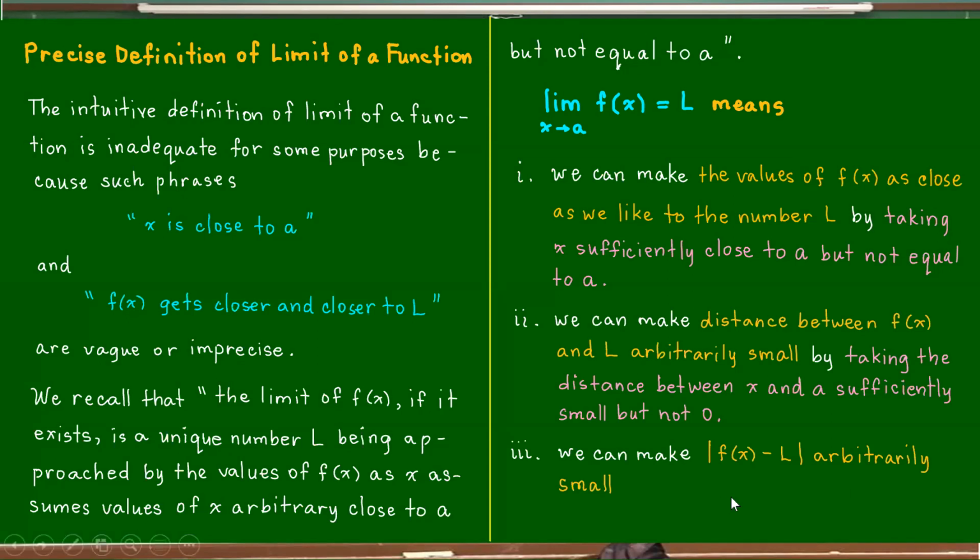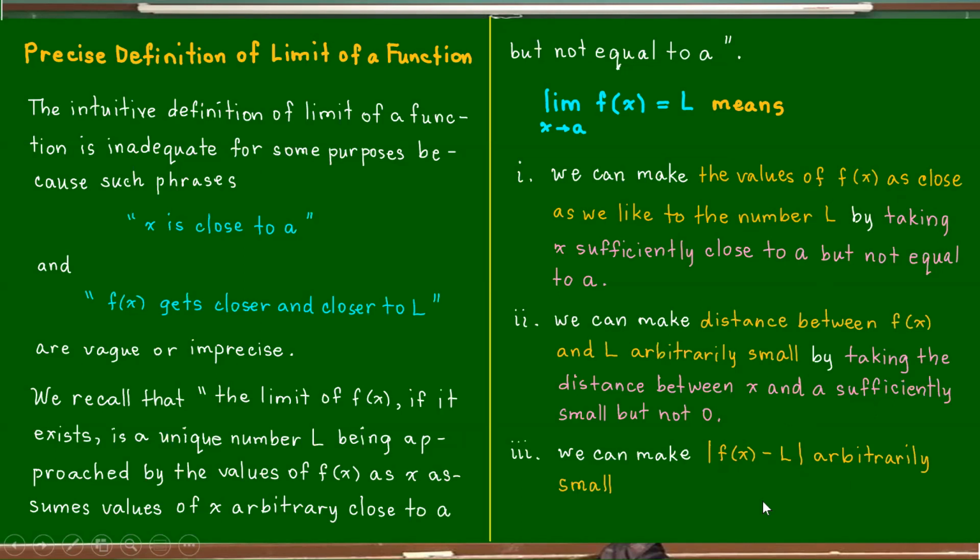Okay, guys? So we're now close to the precise definition of the limit of a function. Imagine, from values of f of x as close as we like to the number L, we're now at the absolute value of f of x minus L arbitrarily small. And what do we mean by taking the distance between x and a sufficiently small, but not 0?